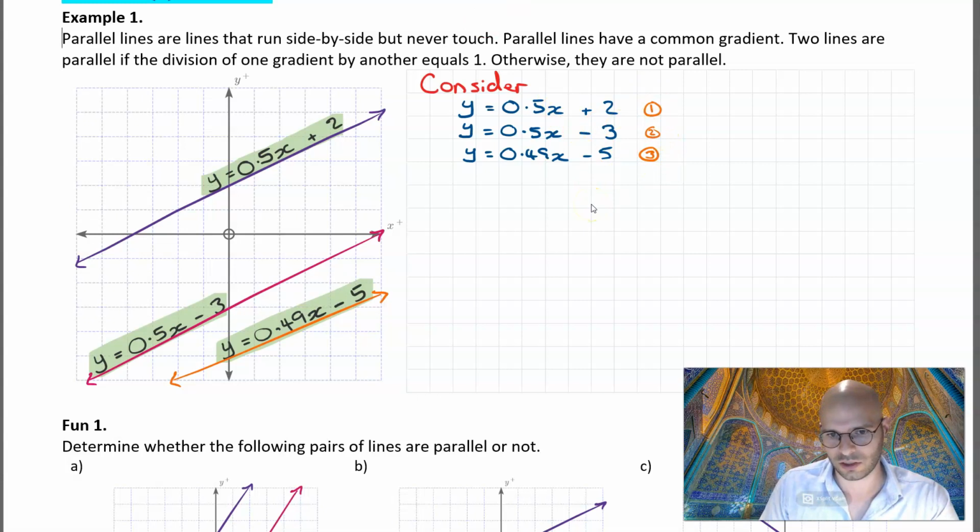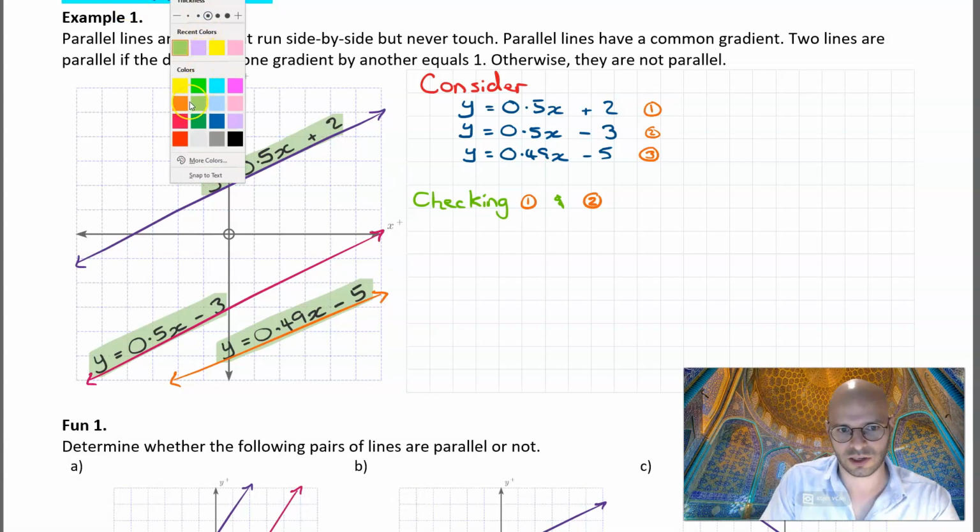To do this, we can use the following syntax. We can say checking, and we'll start off with lines 1 and 2. So we're checking whether line 1 and line 2 are parallel or not. Now, the first step is to identify the gradients that we're working with.